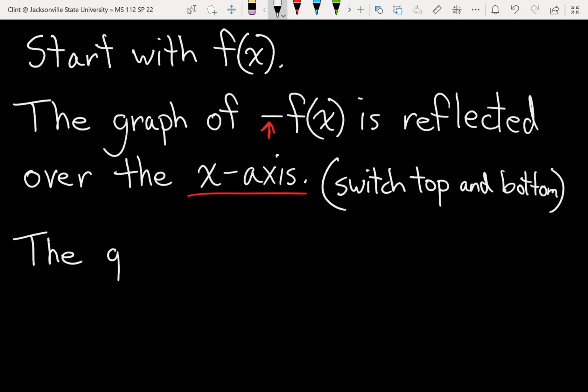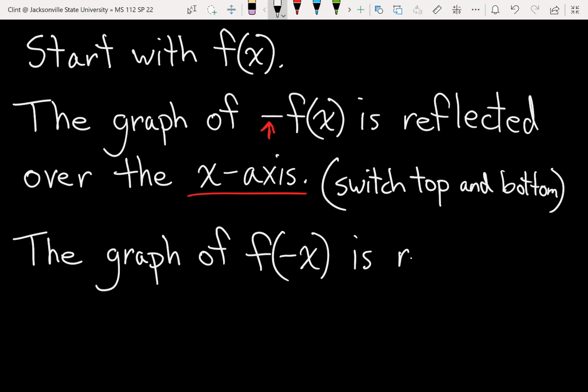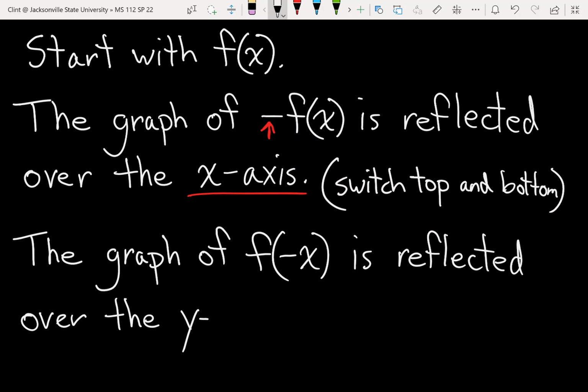And then the second one is when we put the minus sign inside of our function with the x. We get a y-axis reflection. So minus sign inside, we get y-axis reflection.